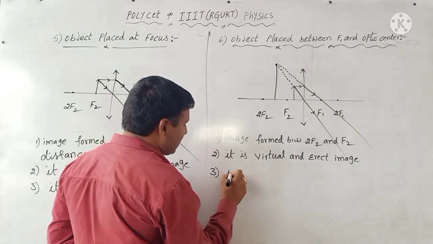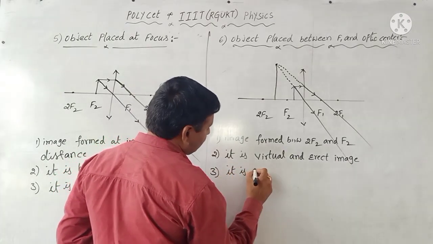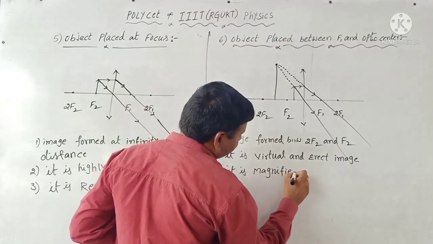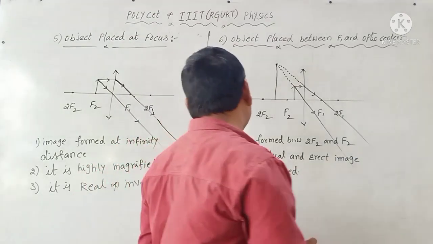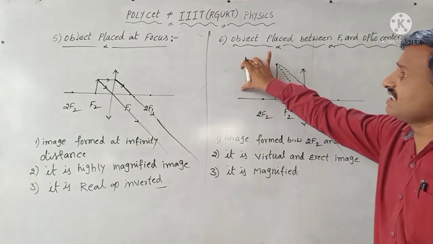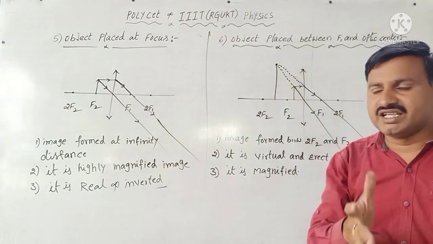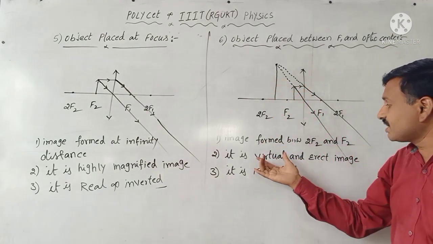Next, it is magnified. So, except this situation, all remaining situations form real and inverted images. This one is the virtual and erect image.